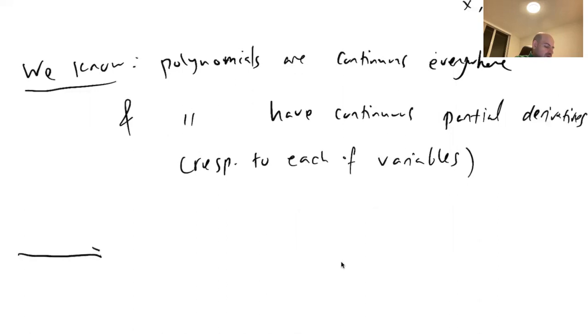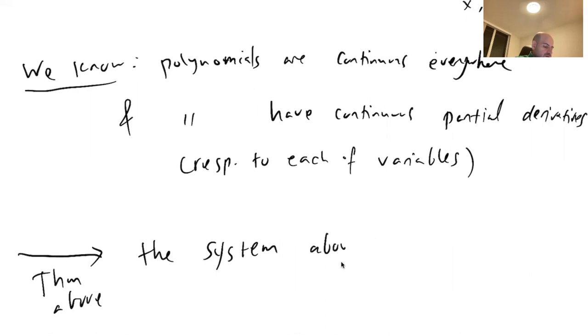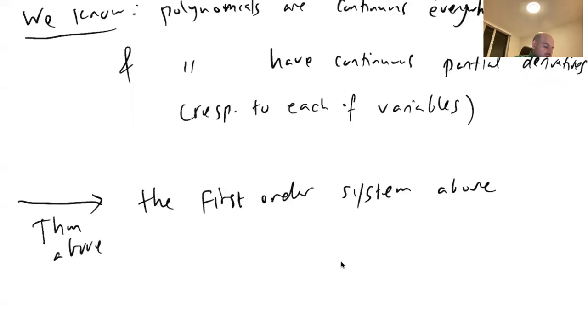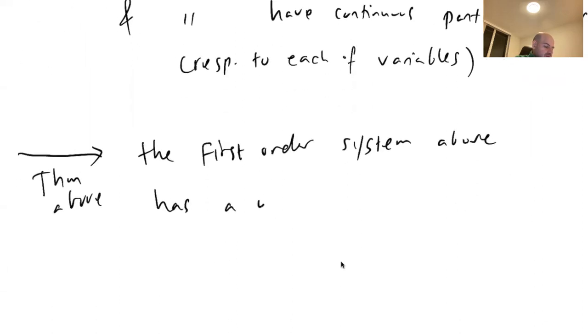So the theorem above guarantees that the system above, the linear system above, the first order system above has a unique solution for y equals y1, y2 and y3.